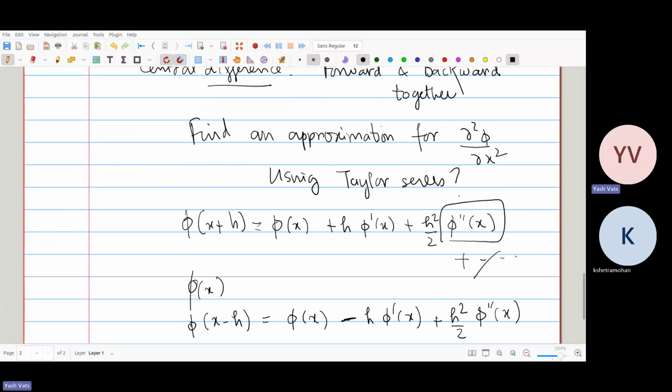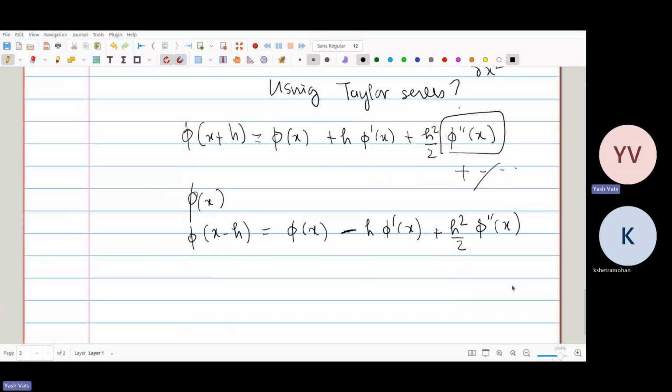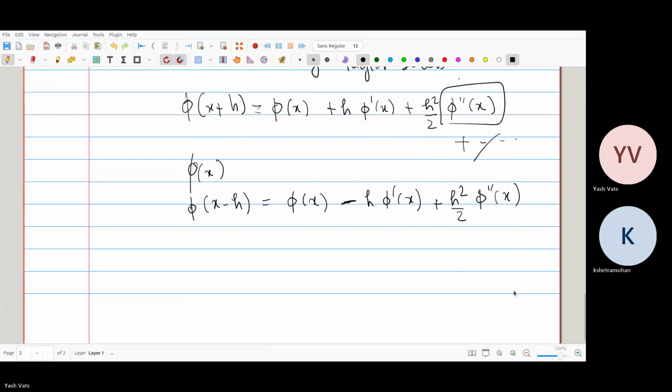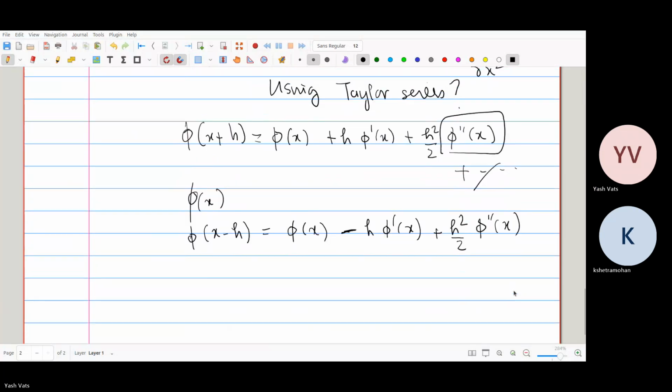So one thing I would suggest is, I want to cancel something. So how does it go? I just add the first equation and third equation together, and the second equation I subtract.